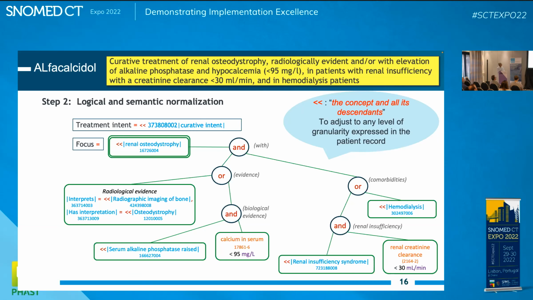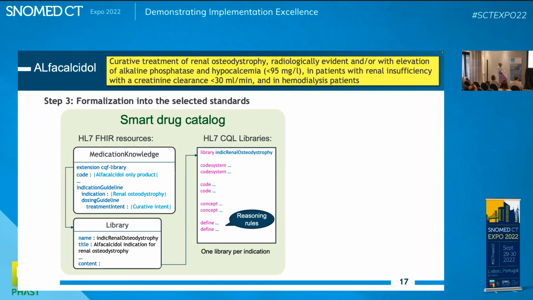Next slide. So the last step is the formalization into the standards. So we have in the catalog, we use the FHIR resources. I didn't put all of them, I put the main ones. So medication knowledge, which is a main resource to describe the medication.